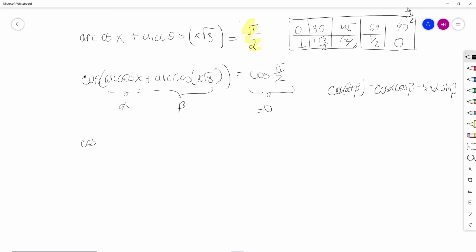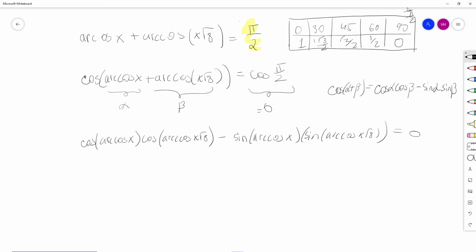cosine of arc cos of x, cosine of arc cos of x root 8, minus sine of arc cos x, sine of arc cos x root 8 equals 0.